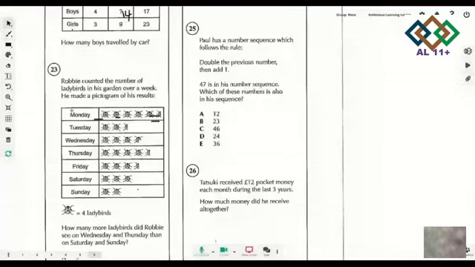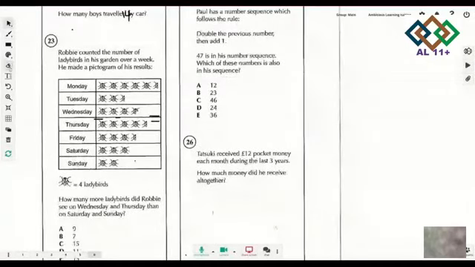Number 23. Ruby counted the number of ladybirds in a garden over a week. She made a pictogram of the results: Monday, Tuesday, Wednesday, Friday. One ladybird symbol is 4.